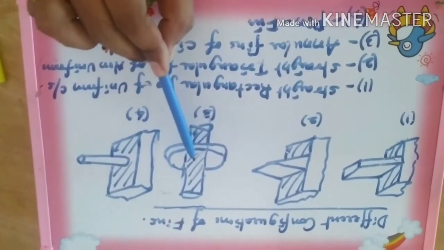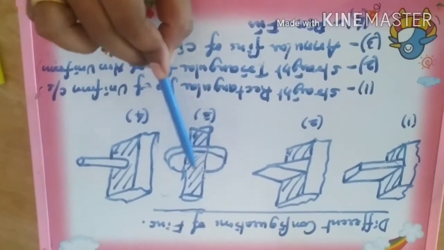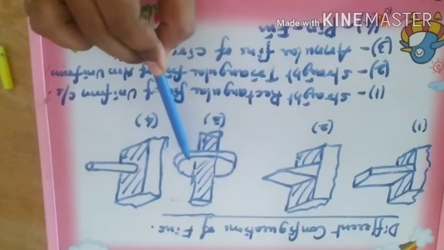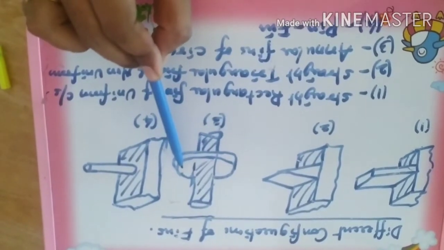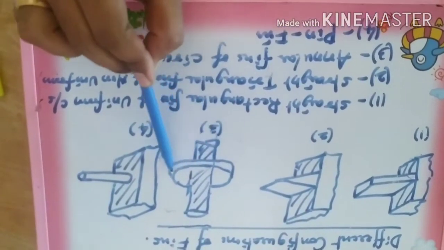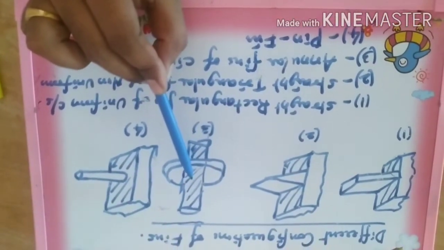For that, along the periphery of this cylindrical surface, we use extended surfaces in the form of a circular cross section. This is our fin, which is attached to the base surface in the cylindrical form.